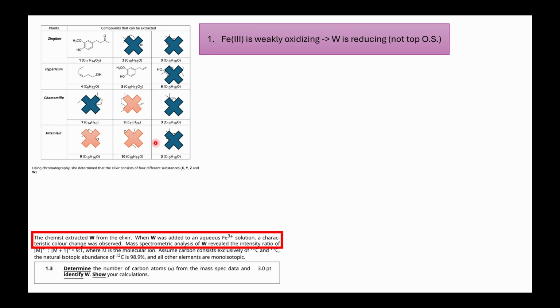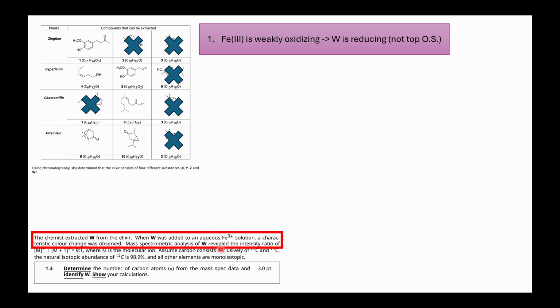Anyway, that will eliminate these three options, because here we only have a CC double bond, which doesn't do much in terms of oxidation, unless you have a really strong reagent like KMnO4 and you just whack the thing.